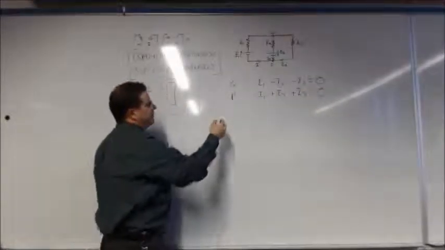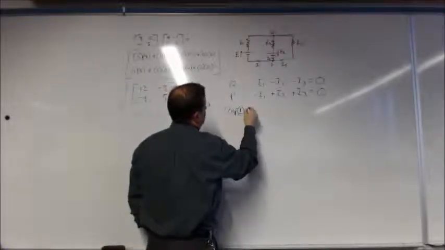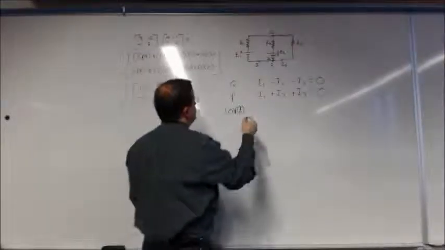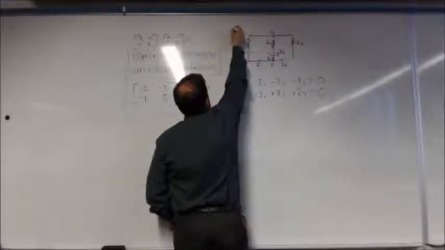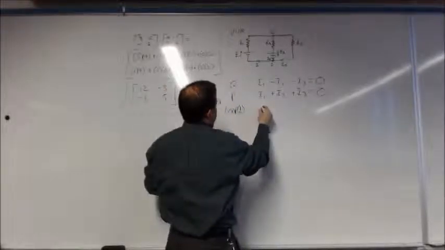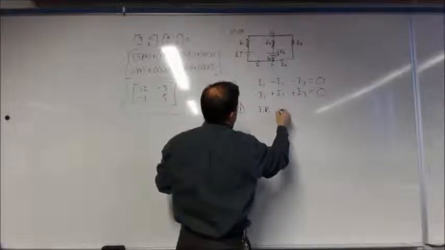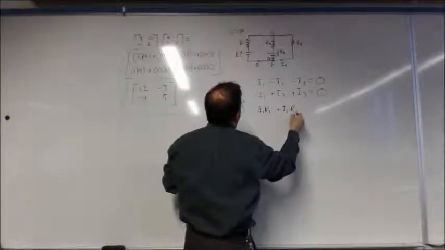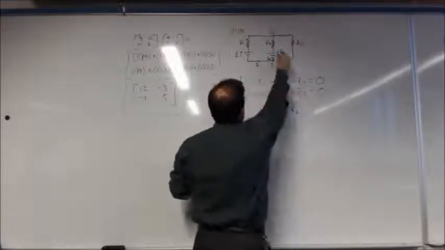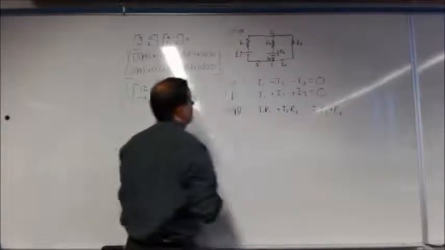Then we're going to do conservation of voltage, so we're going to do the loops. If we do the left loop, E equals IR. So we're going to have I1 R1, I2 R2, and that's going to equal, well, these are both going in the same direction, so E1 plus E2, right?